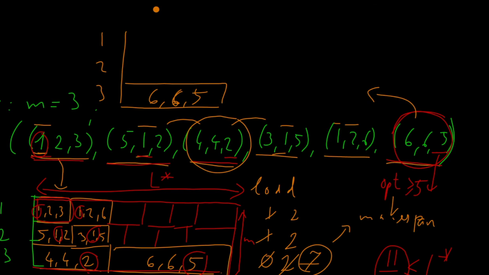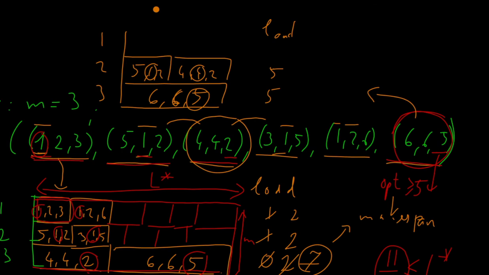If I'm using the second machine, which is possible, and I take here the 5, 1, 2 and here the 4, 4, 2, then the loads will be 5 here because of this one, and 1 plus 4, which is 5, here as well.